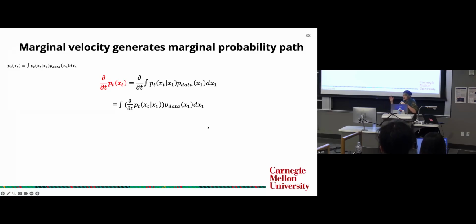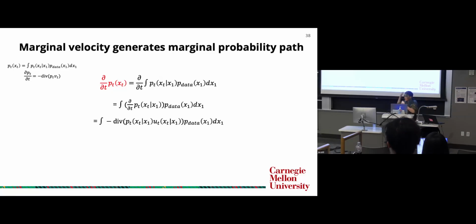This is step by step how you get the divergence back. You first swap in the derivative, with some regularity condition. This can be done. Then, because we know that the conditional velocity generates the conditional path, we can input the continuity equation there, and then it becomes this whole expression with the divergence.